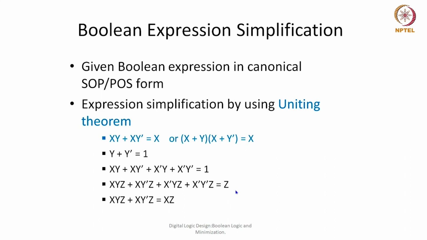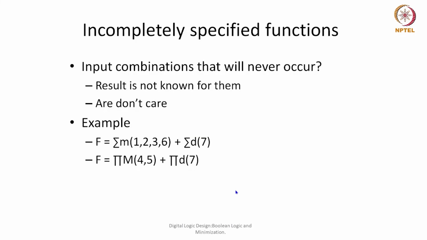One more question here: all of these expressions, the min terms and max terms, depend on creating a truth table where we know for each input combination what the output is.